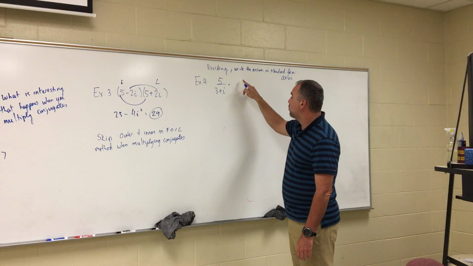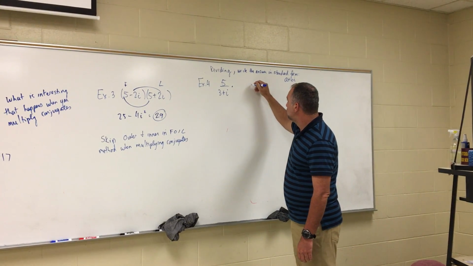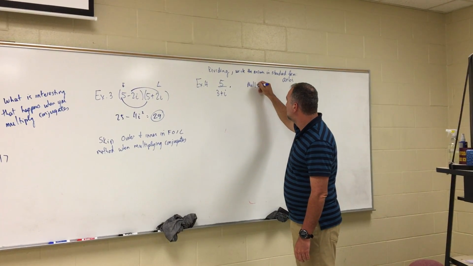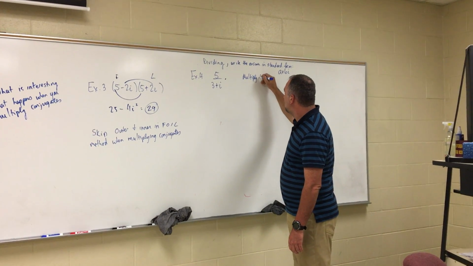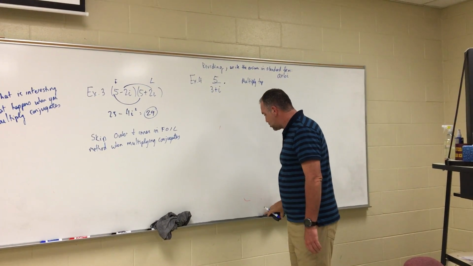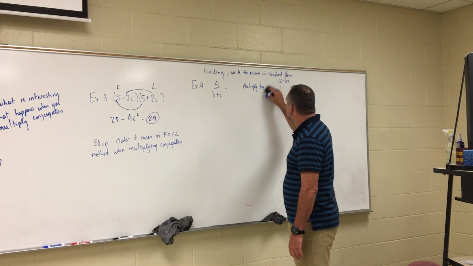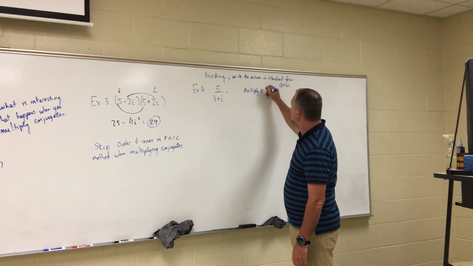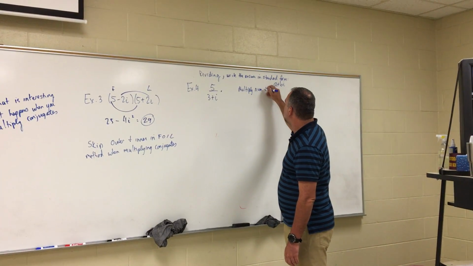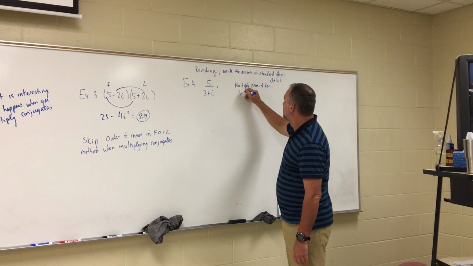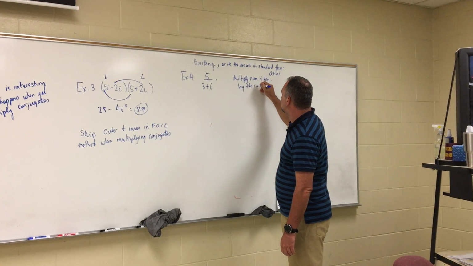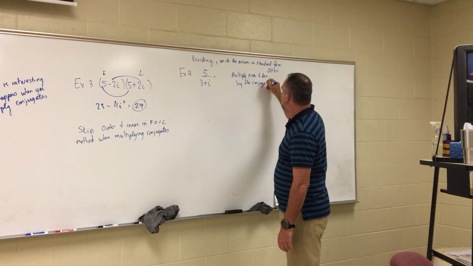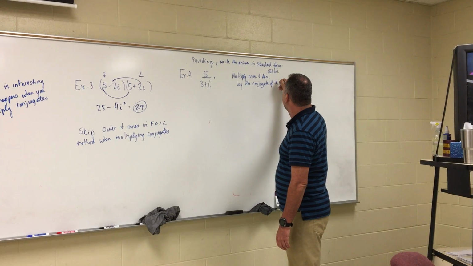So anytime we're gonna divide, we're going to multiply the top, or I shouldn't really say top, what should I say? If it's the top of a fraction, numerator and denominator by the conjugate of the bottom.